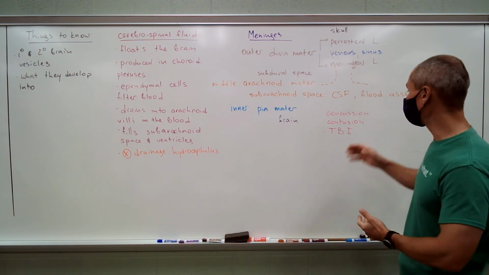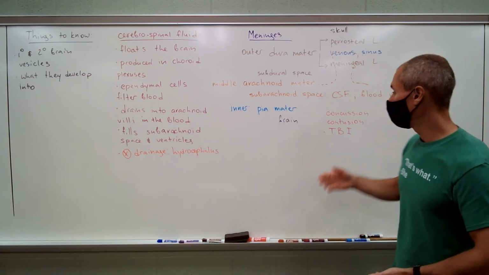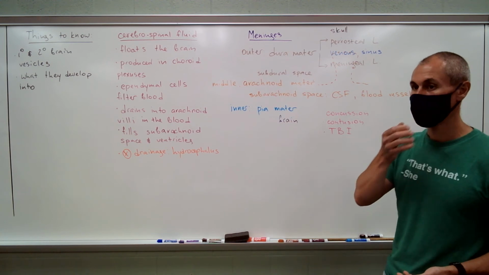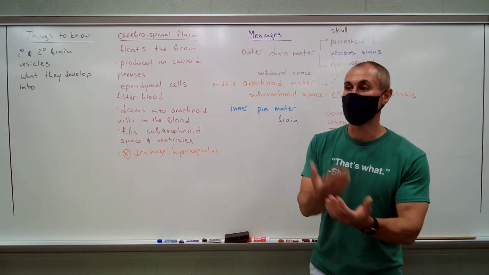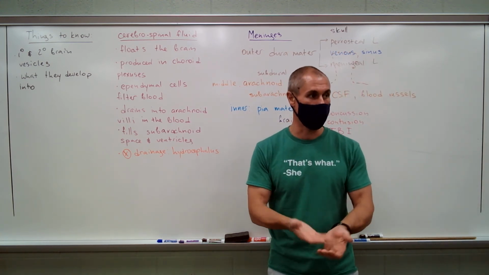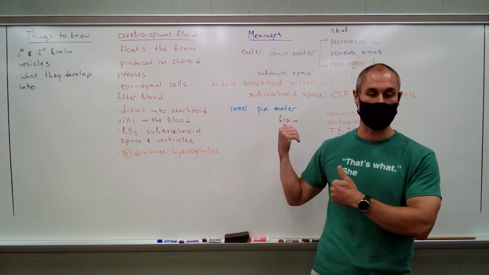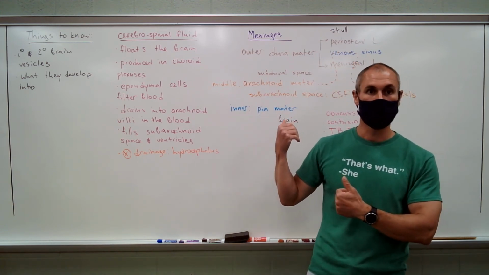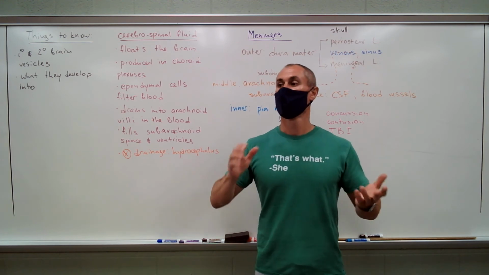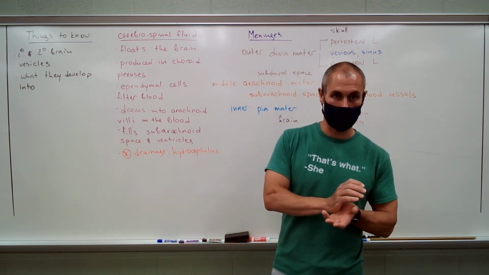What's the main problem? Contusion is bruising. What's the main problem in both cases? You have injury, you have inflammation, you have swelling, you have increased intracranial pressure. If you don't relieve it, if you don't watch it, it can really impact the function of the brain.